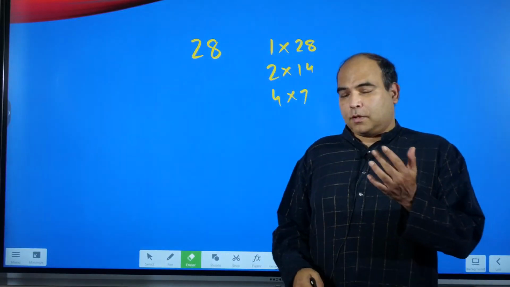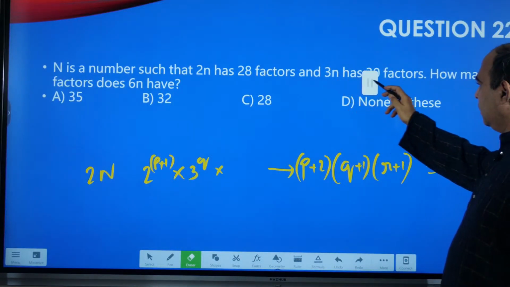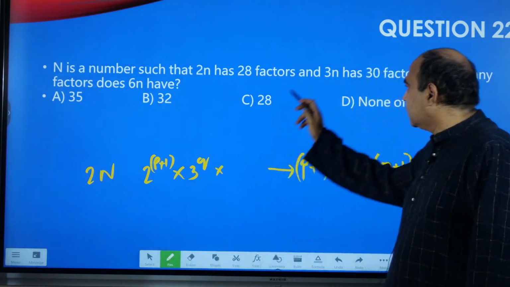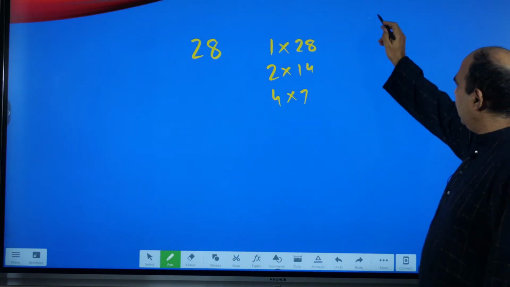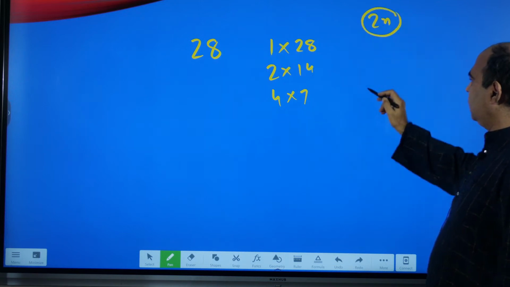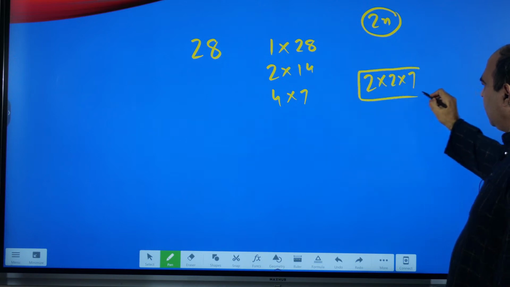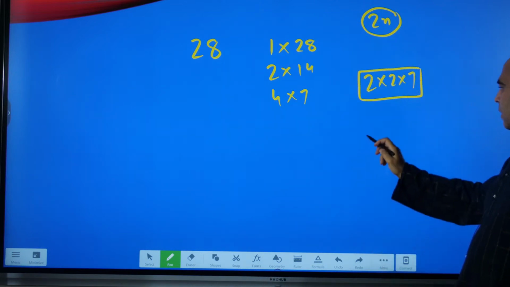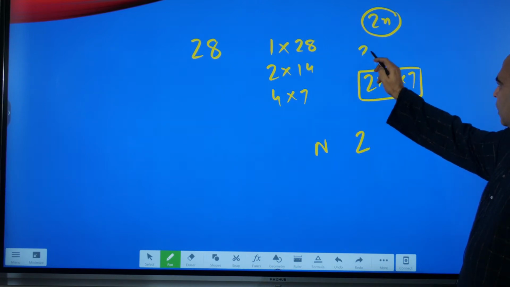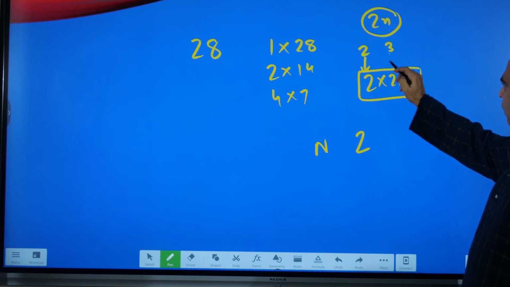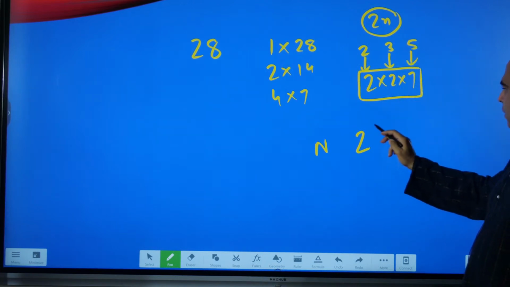Because when the question further says that 3n has 30 factors, if you go for 2n having the number of factors as 2 into 2 into 7, because it is built on 3 prime numbers, and if you correspond this to 2, this to the prime factor 3, and this, let's say, to the prime factor 5.